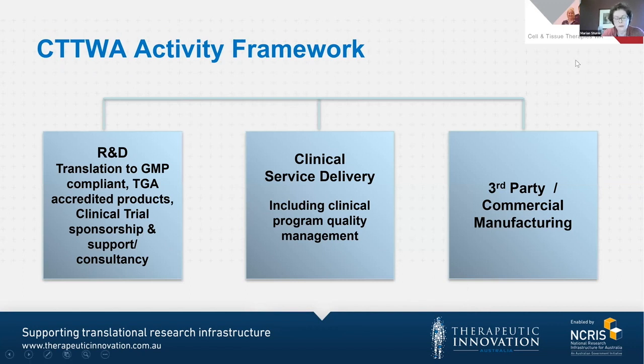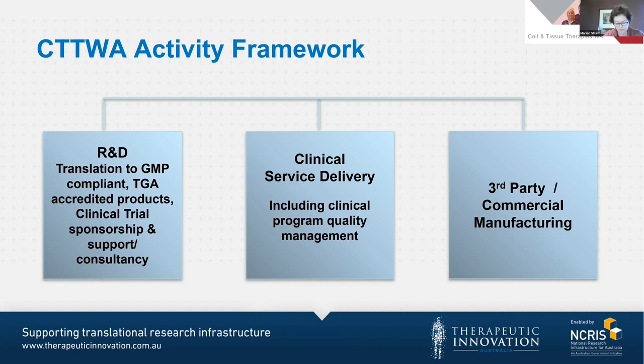Now, the first facility is my own facility, Cell and Tissue Therapies WA, which is located within the Royal Perth Hospital in Perth, and of which I'm the director. It's been licensed by the TGA for the manufacture of biotherapeutics since its construction and commissioning in 2006, and also holds international accreditation, which is called FACT, and is also NATA accredited.